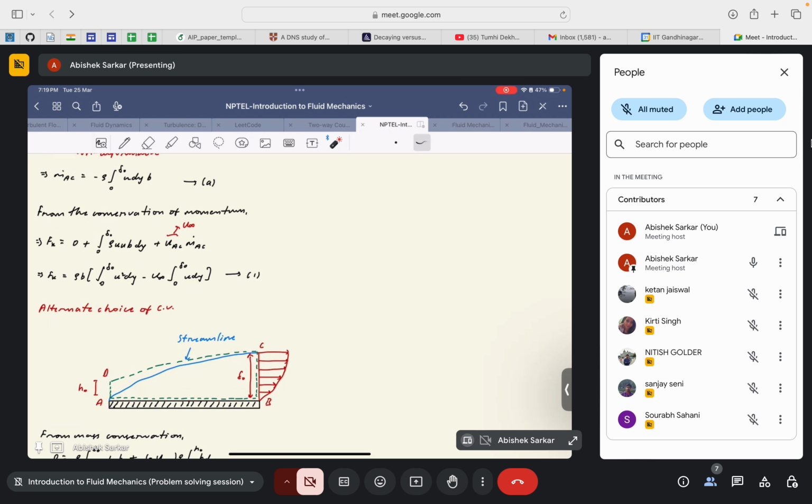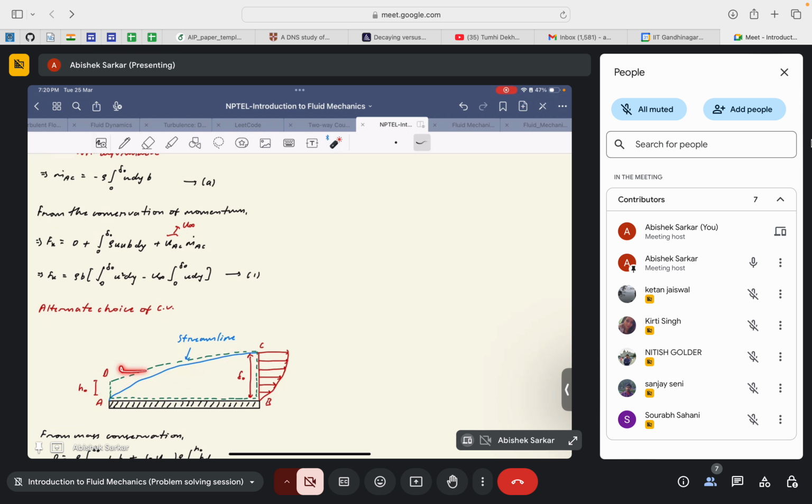But now let us say that I am not liking this particular shape of the inlet. This seems quite cumbersome, most importantly because here the incoming velocity is not normal to the inlet.